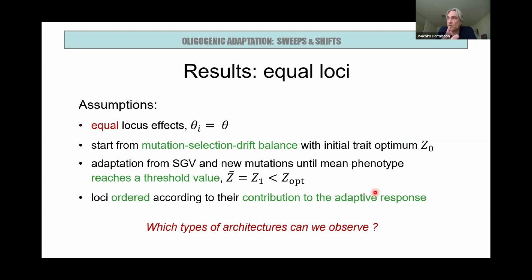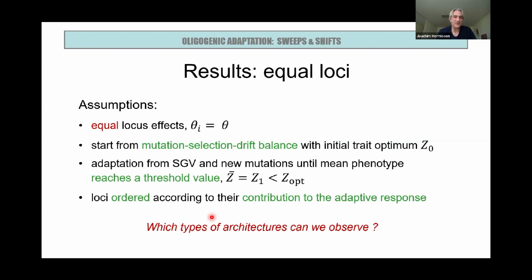There is one locus that just has the largest shift of allele frequency, so it has the largest contribution to the adaptive response, which we sometimes call the major locus. Then there is the second and third locus, and so on, and we order them according to their contribution to the adaptive response. As we'll see in the next few slides, this already shows us the types of genetic architecture that we can observe.